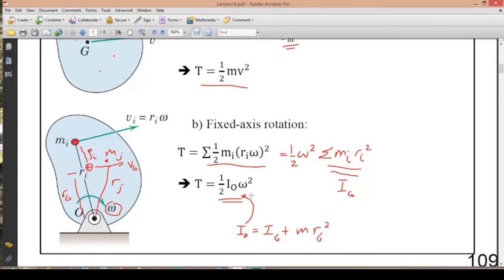Now, if I substitute this information here, what I would have as a result of that is the kinetic energy is equal to 1/2 mass moment of inertia calculated about the mass center, omega squared, plus 1/2 m times R_g omega squared.